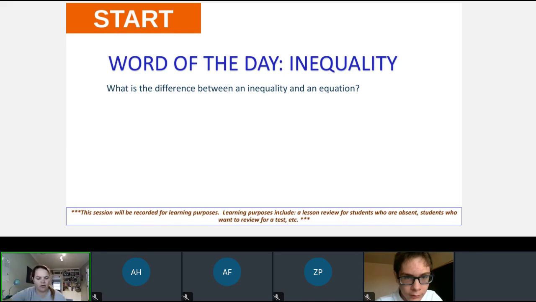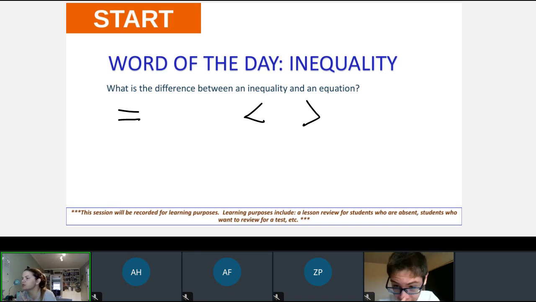For those of you needing a quick refresher, if you didn't watch the video from yesterday's lesson, I will give you a little hint. This is an equation. These are inequality signs. All right, guys, we need to transition from food to algebra in the room chat, okay?